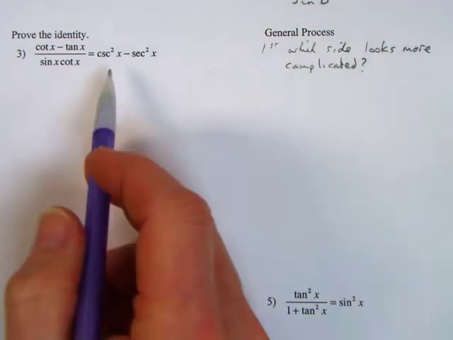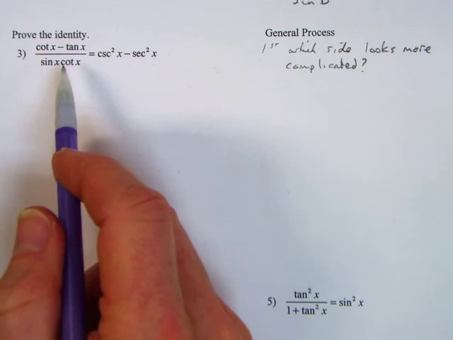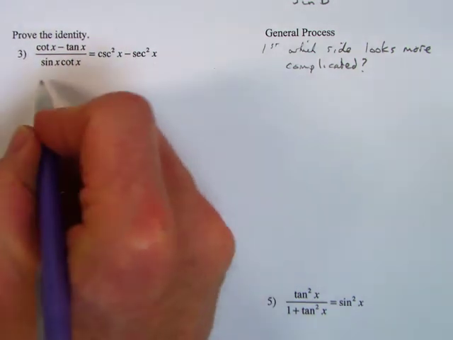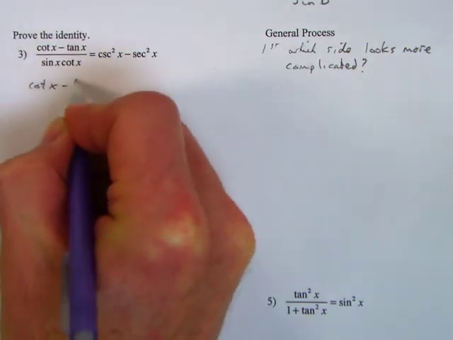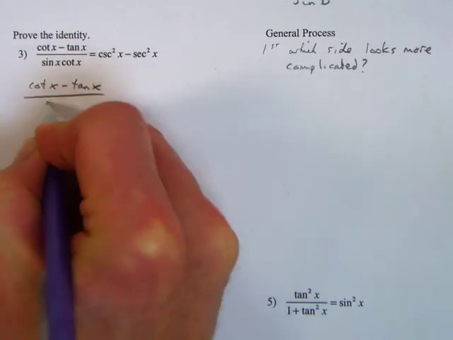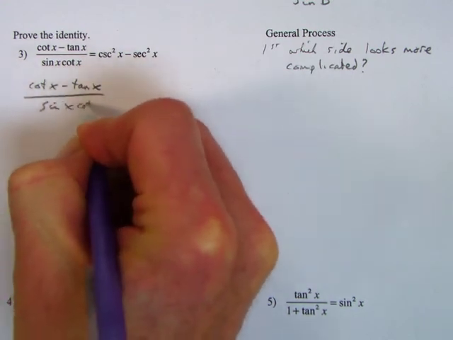Now, in this case, we're going to look here and we're going to say, oh, the left side does. We have a fraction, so we'll write cotangent x minus cotangent x all over sine x cotangent x.